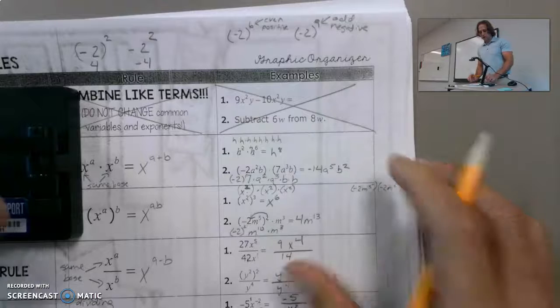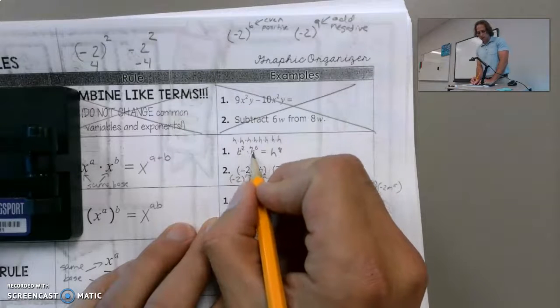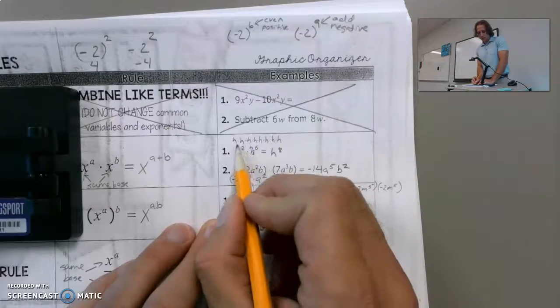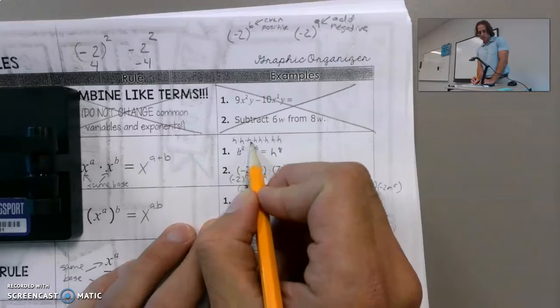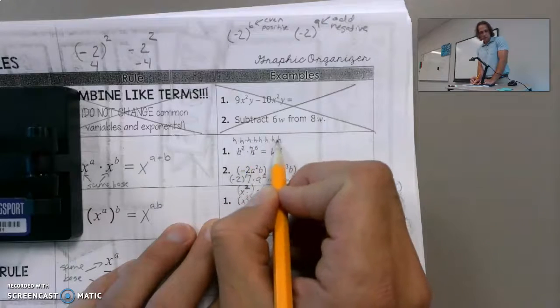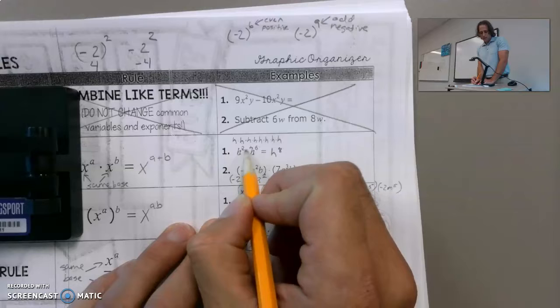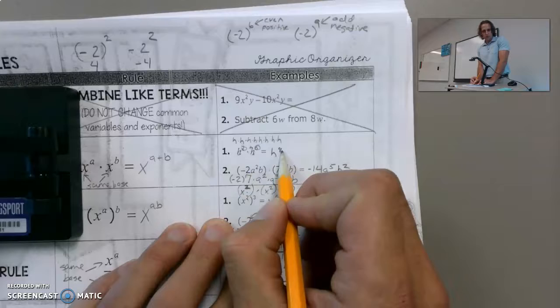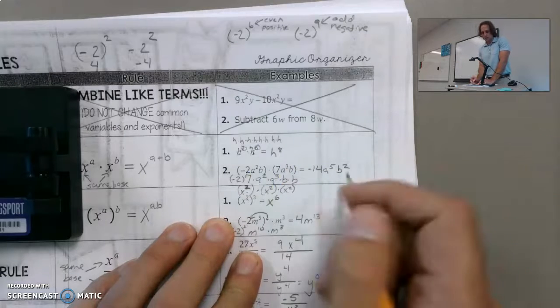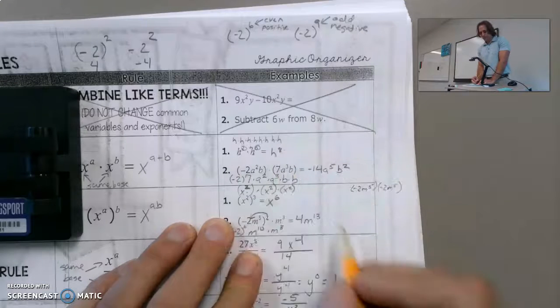If you look over here, you've got h squared times h to the sixth. If you expand that out, that's h times h, or h squared, multiplied times h, 6 h's being multiplied together. So in essence, what's happening is we're multiplying 2 h's together and 6 h's together, and we end up with h multiplied times itself 8 times, h to the 8th power.